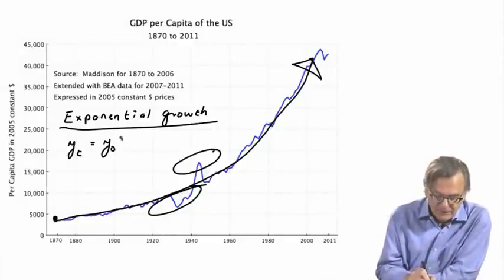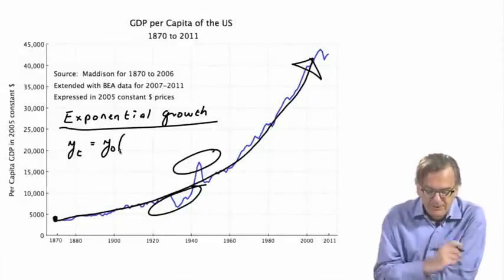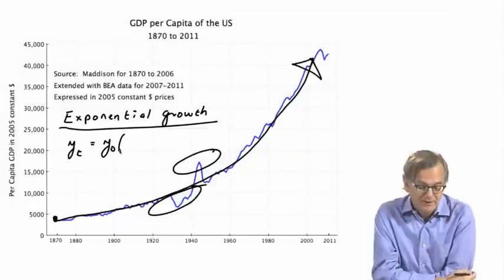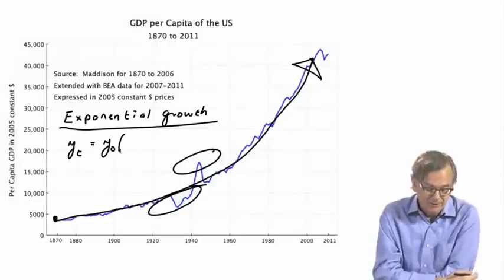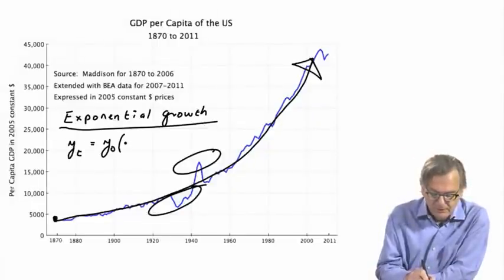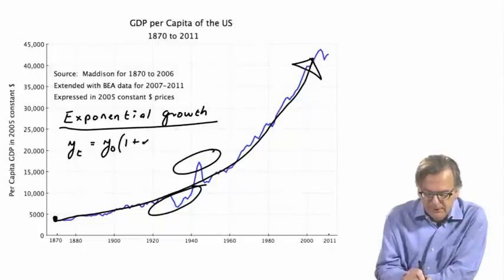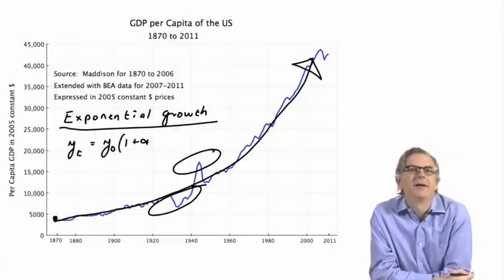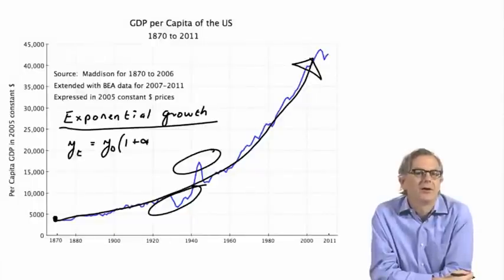And the way we represent exponential growth is as follows. We take that initial value for GDP, multiply it by 1 plus, and I'm going to use the Greek letter alpha there to represent the economy's annual growth rate.